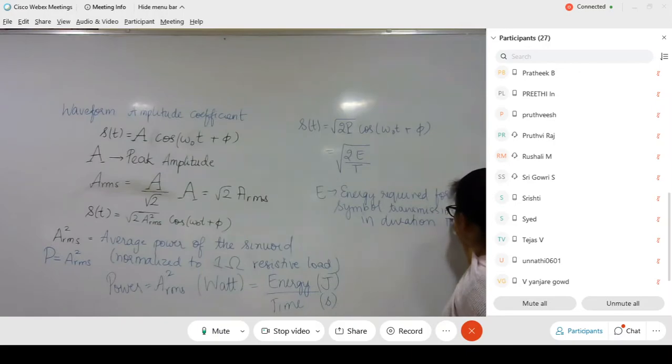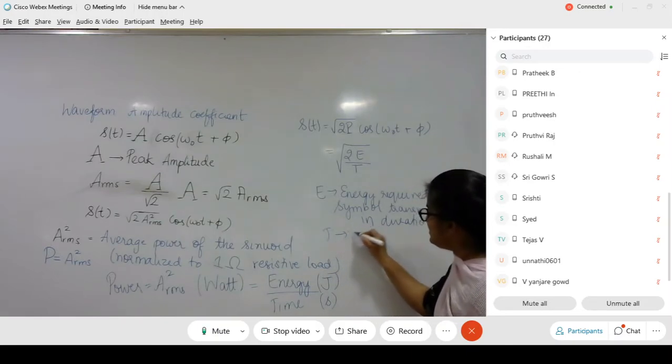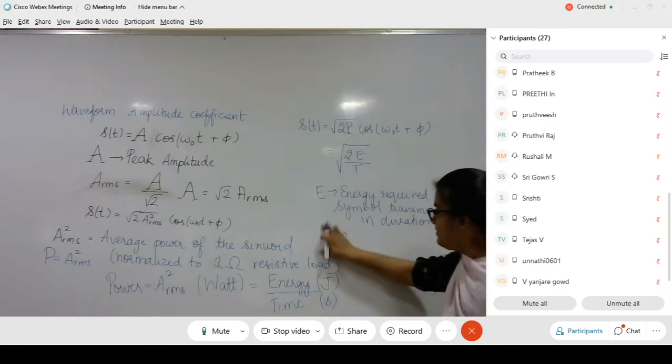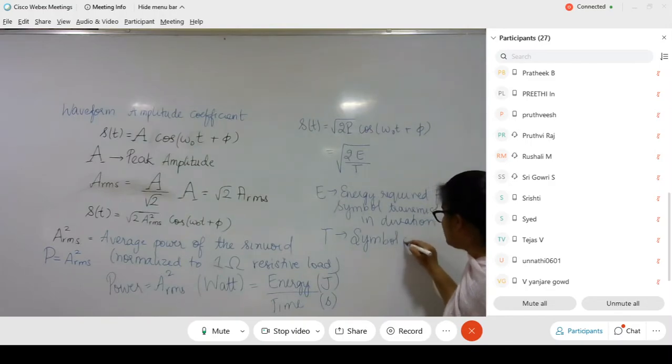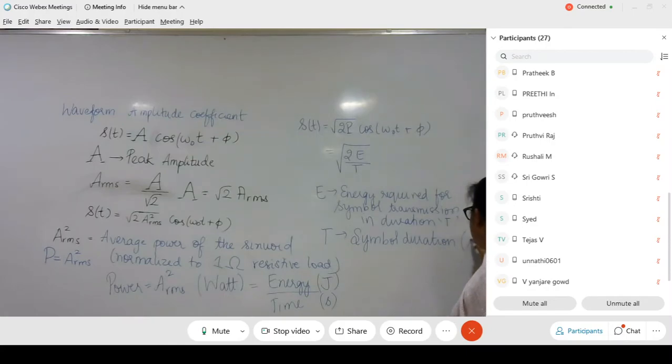So what is this time duration T here? Capital T is the symbol duration, the duration within which one symbol is transmitted over the channel. So this is symbol duration, which is measured in seconds. This is measured in joules.